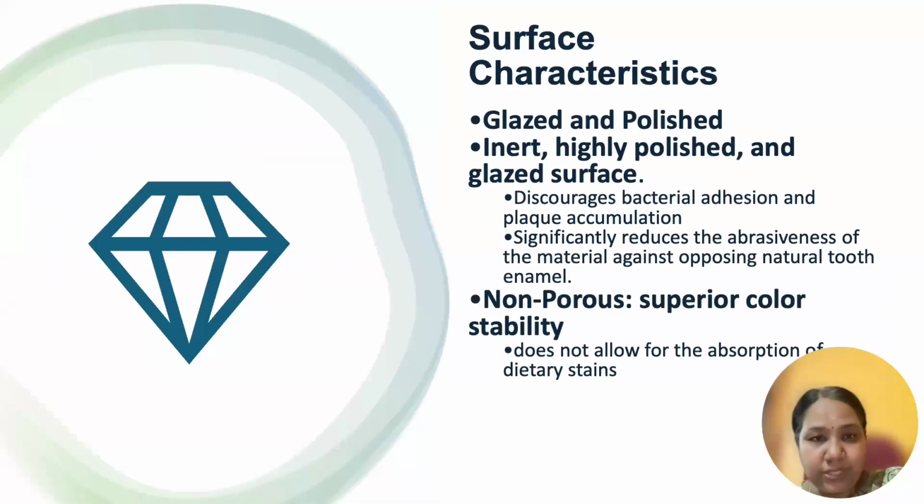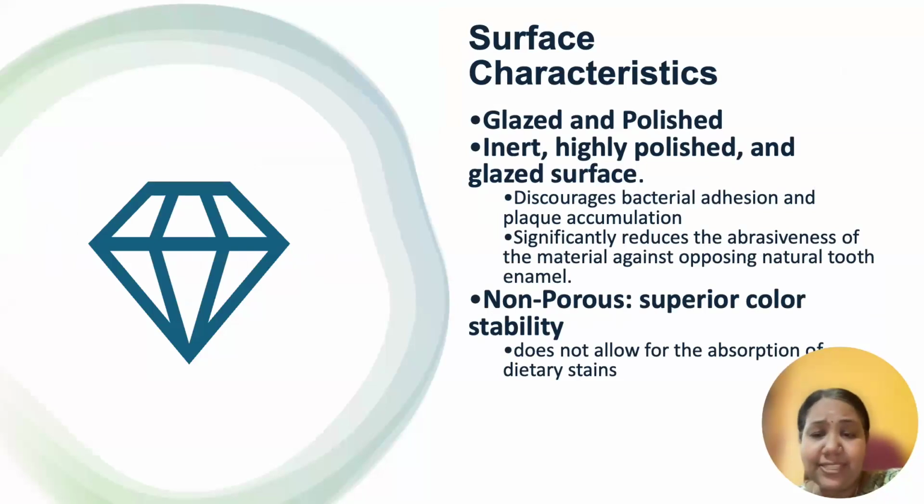Then moving on to surface characteristics, zirconia is well glazed and polished. It is inert and highly polished, and this is critical because it discourages bacterial colonization and plaque accumulation. This also reduces the abrasiveness of the material against the opposing natural tooth.